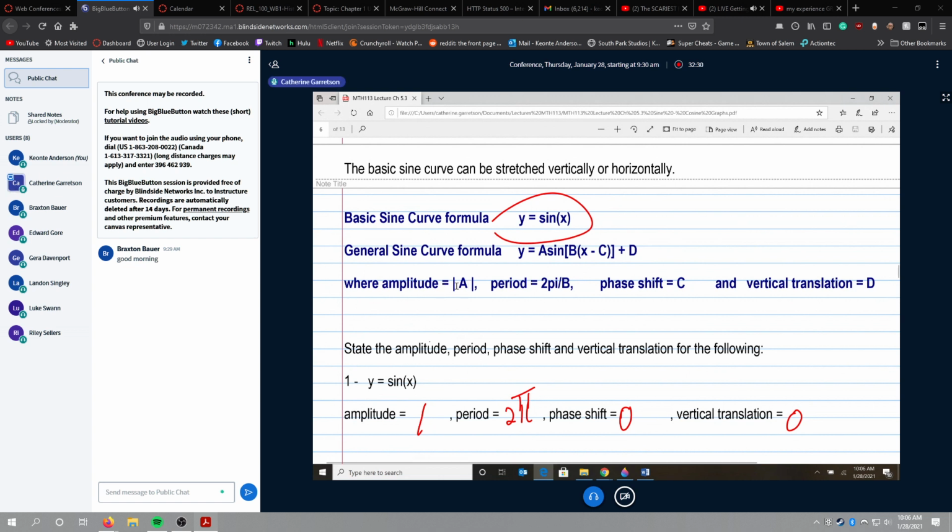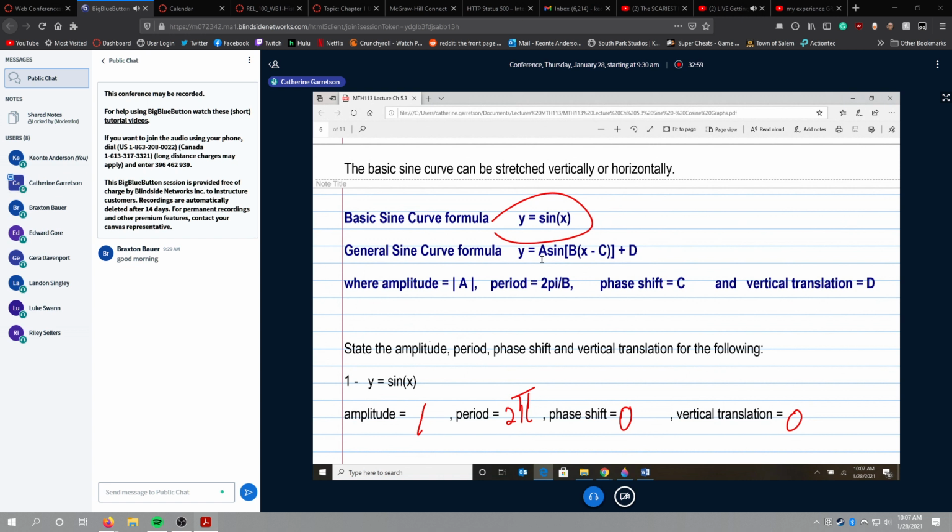Now we put an absolute value there because going back, again, to algebra, if you had the x squared graph, that's a parabola that faces up. What if I multiply the x squared by -1? It flips it and makes it go down, right? So that would be reflecting it over the x-axis. It's a downward reflection, or upward.